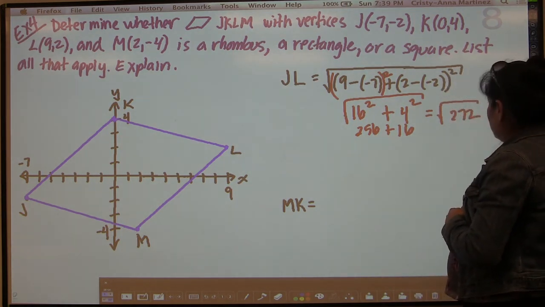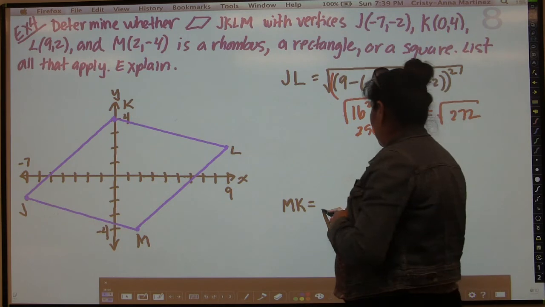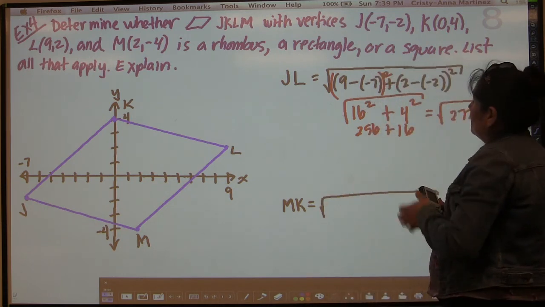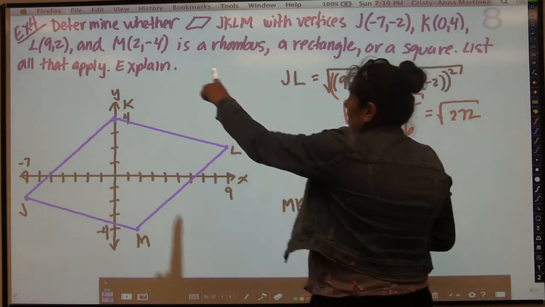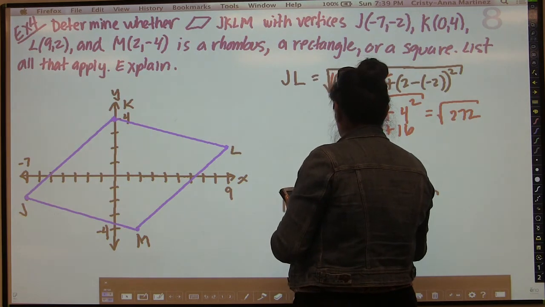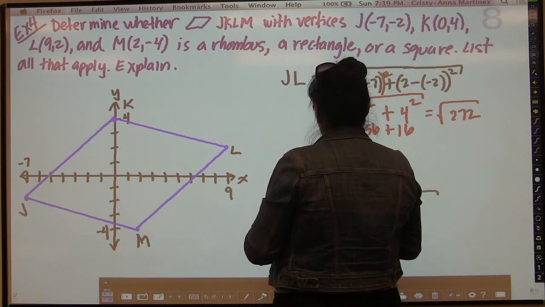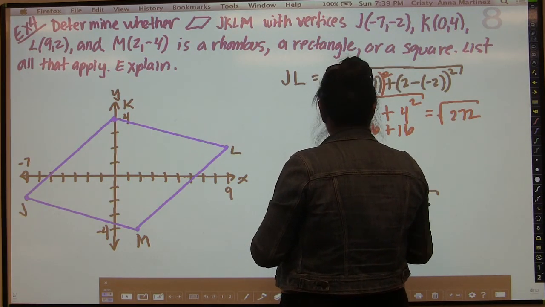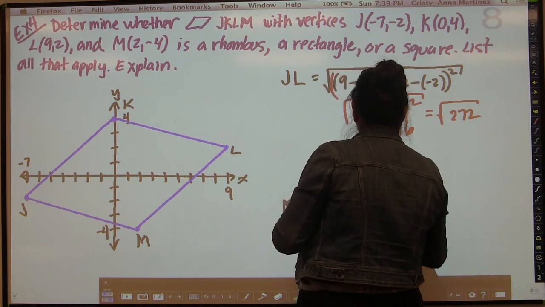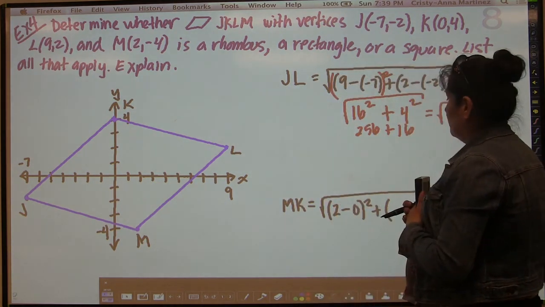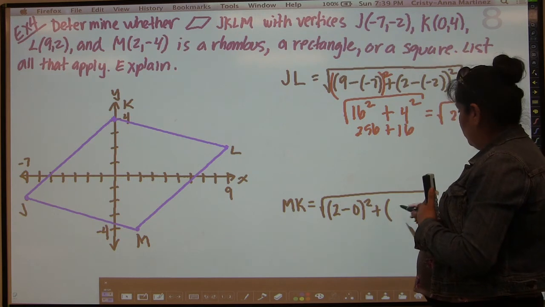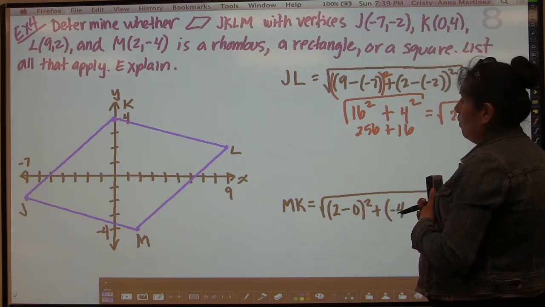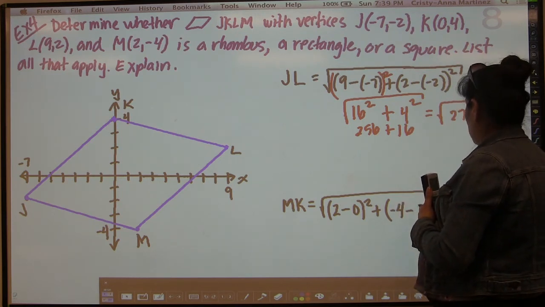Now we're going to try MK. Do the same thing. With MK, where's M? Okay, so the x-coordinate of M is 2, and the x-coordinate of K is 0. And then the y-coordinate of M is -4, and the y-coordinate of K is 4.